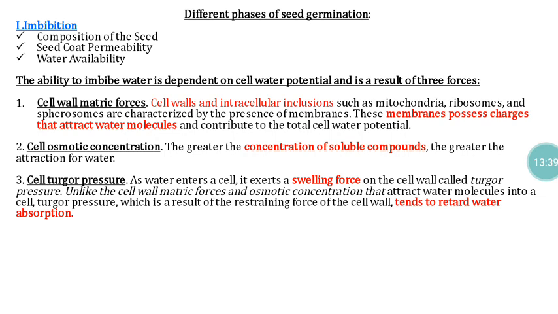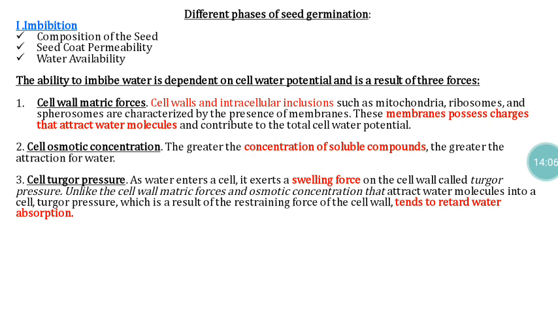The charges available in the mitochondria, ribosomes and spirosomes will show more affinity towards water. So that leads to increasing the water pulling power of the seed system. So that will attract water molecules, and by that way that will speed up the imbibition process. So that is the role played by the cell wall matrix forces.